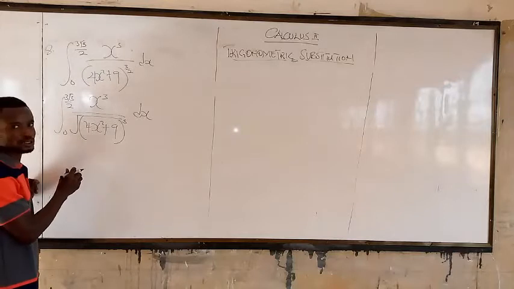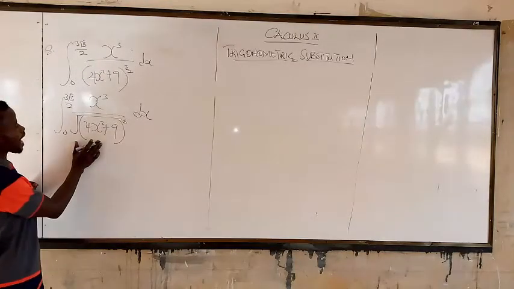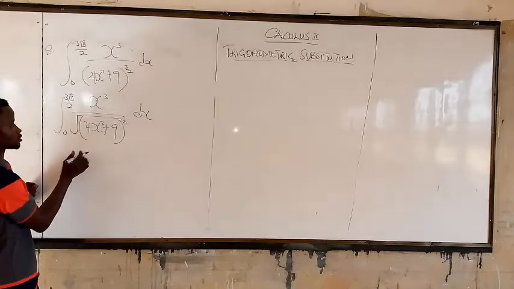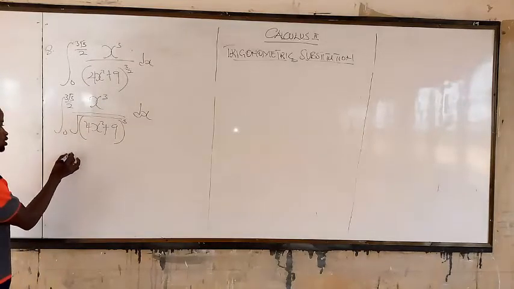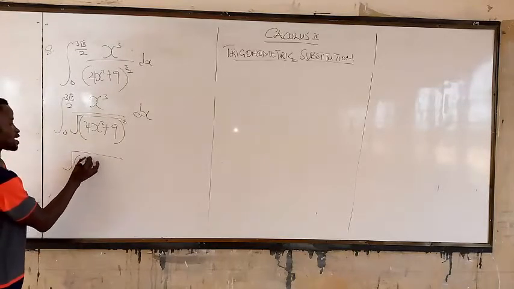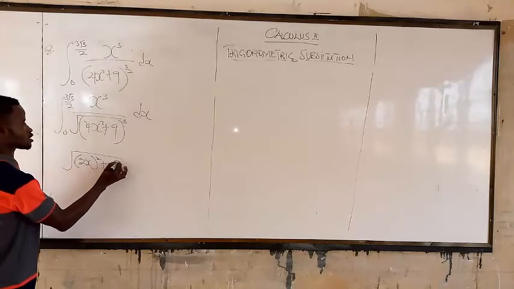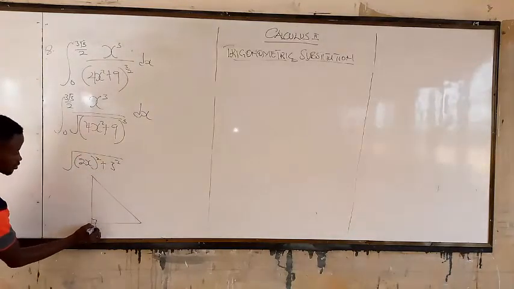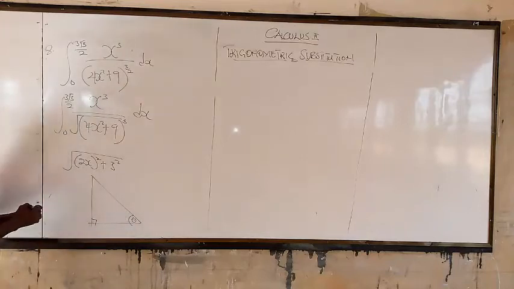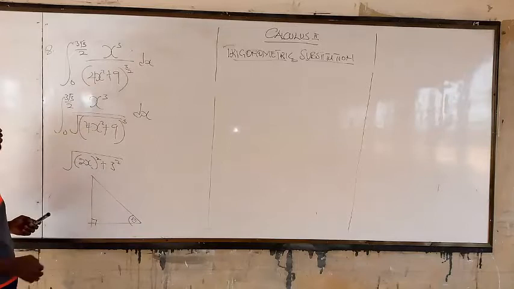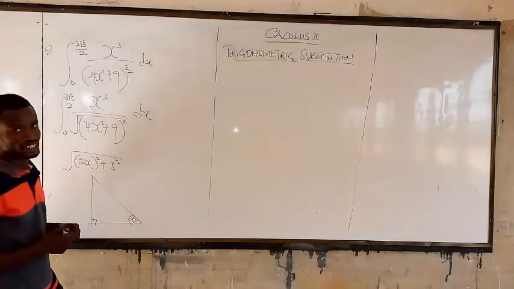So having this, we can bring out only this, and we're going to get 2x all squared plus 3 squared. So from our Pythagorean. Now, here is plus, so straight away, it's going to be tan inverse.